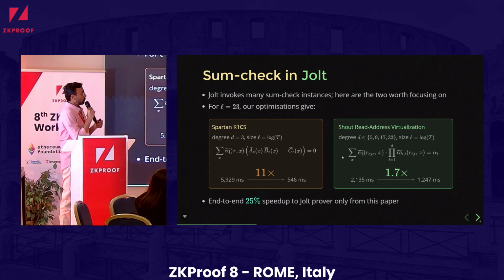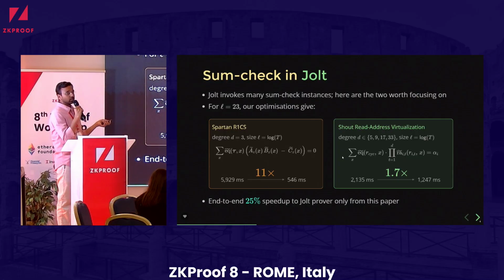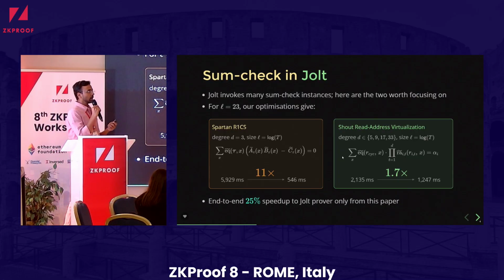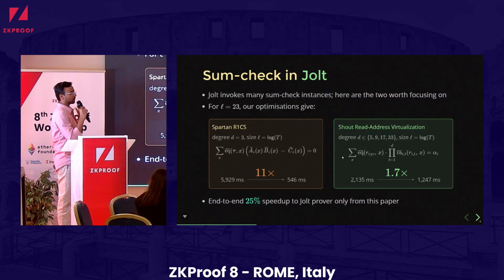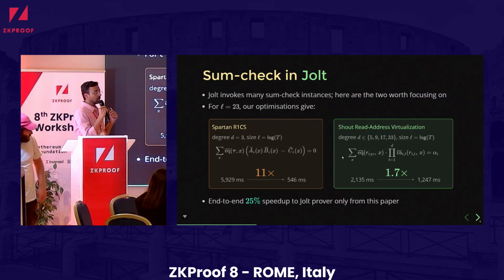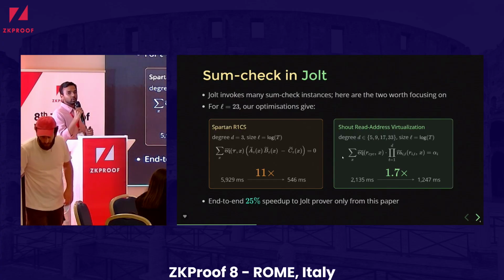After implementing all of our optimizations in the Jolt prover, we saw that only from the techniques from this paper, we got a 25% end-to-end improvement. So the sum check that was somewhere around 50 seconds in the previous slide is now about 23, 24 seconds.